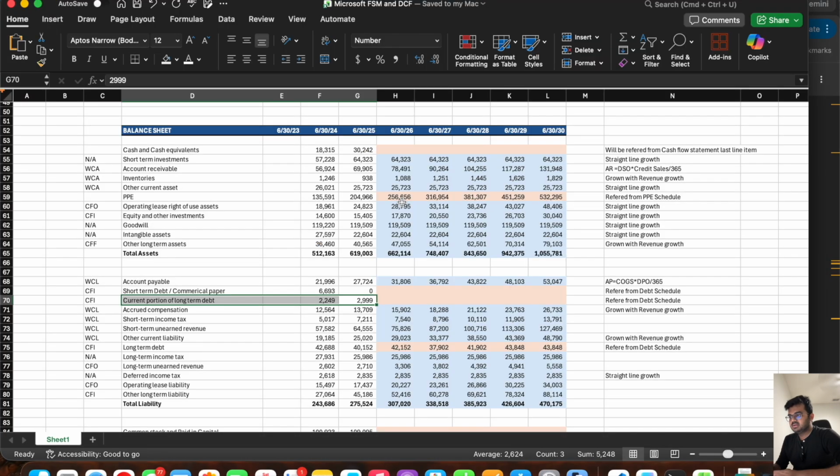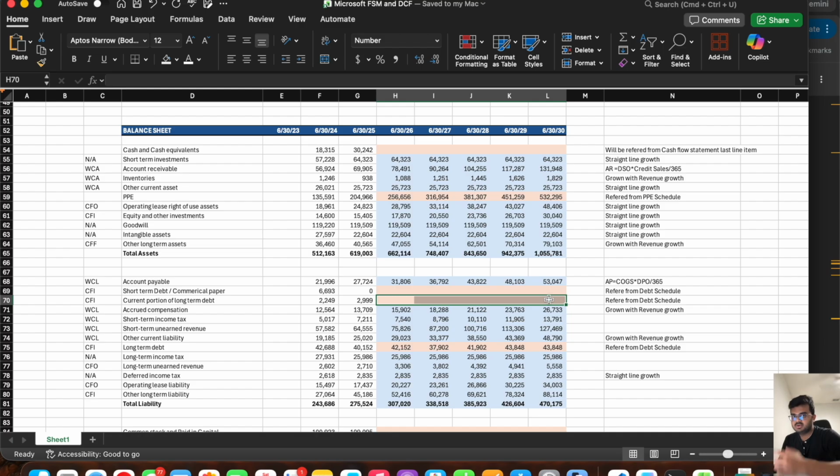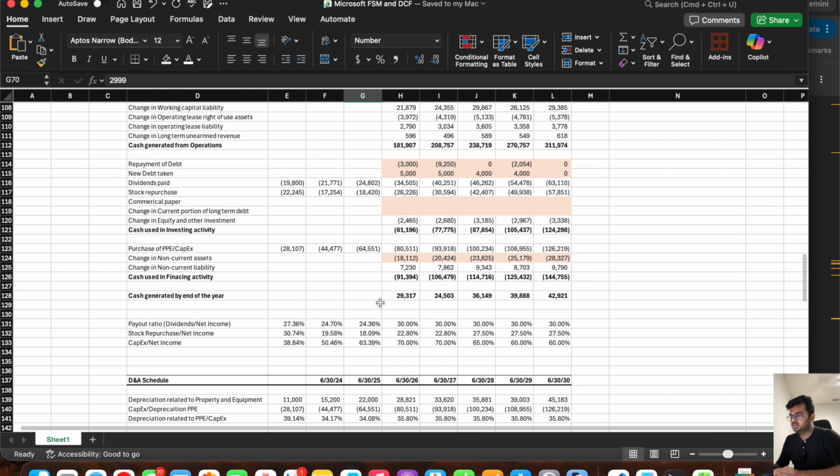This means there won't be any number here as a current portion of long term debt for the next 5 years, because everything is included in that debt schedule which we recently developed. So I'm going to make this number 0 because we got clarity from the 10K report. Now I'm just going to take the difference of these two numbers and put it in here. That will give the change in the current portion of long term debt, that is this row.